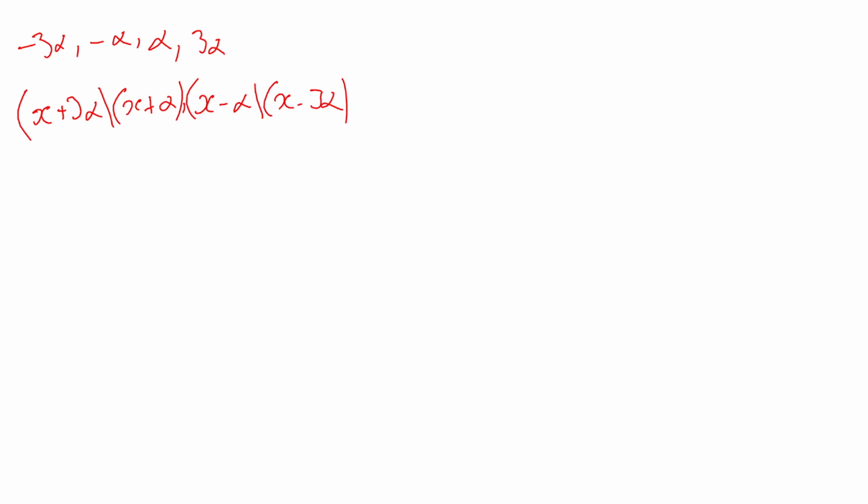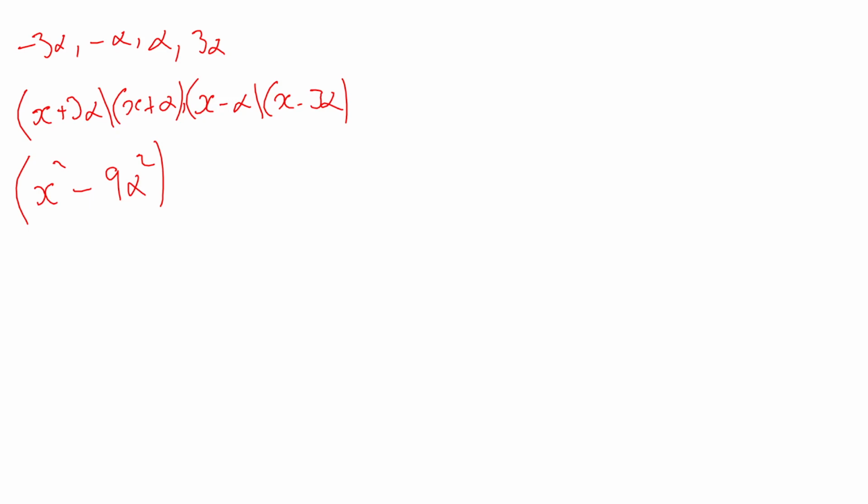As you can see, we can use difference of 2 squares on them. So now we have x squared minus 9 alpha squared. Make sure you don't forget to actually square your alphas, because it's tempting to just go, x squared minus 9 alpha. Nah, you've multiplied the 3 and 3 together.